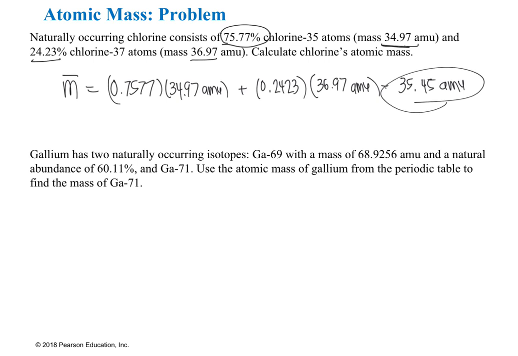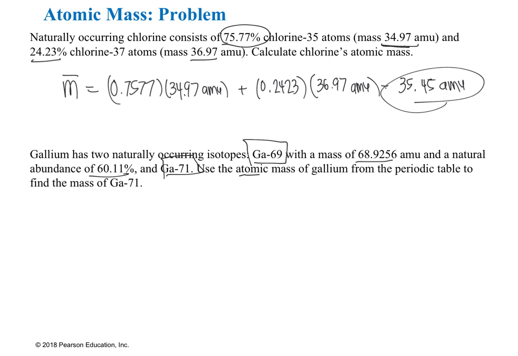In this one, we're going to do a little bit trickier. So I have gallium. It has two naturally occurring isotopes, gallium 69, here's its mass and abundance, and gallium 71. And we're going to use the atomic mass of gallium from the periodic table to determine the mass of gallium 71.